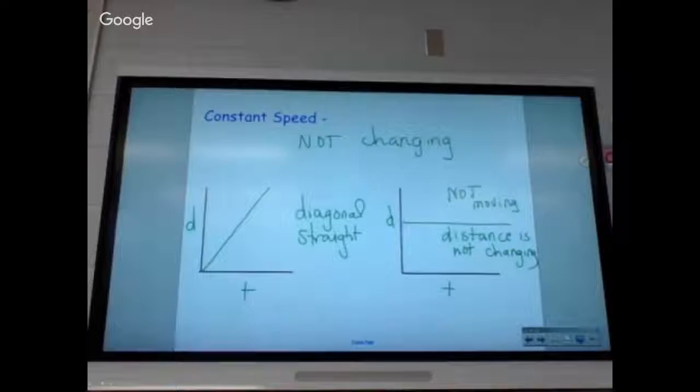Now, in a little bit, we're going to get up and do an activity at the counters. You're going to go get a laptop to register for your clubs, and you're going to be moving. Will you look like constant speed or average speed? Average, because you're going to stand some, you're going to move some, you'll go faster, you'll go slower.